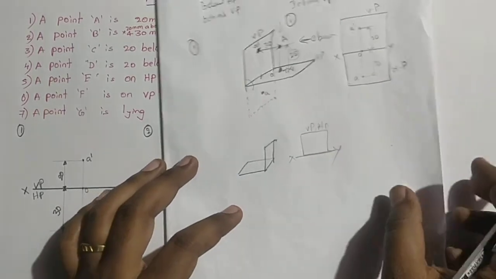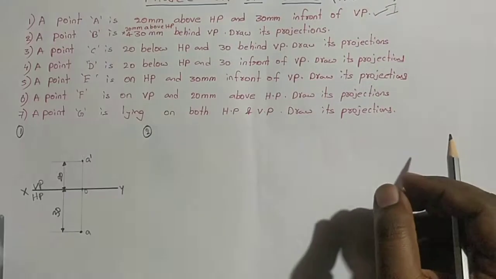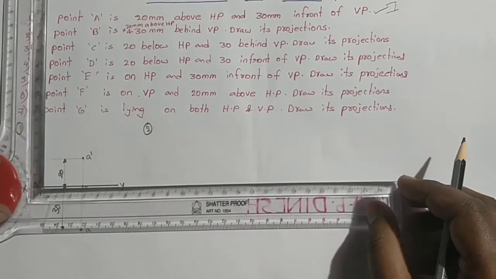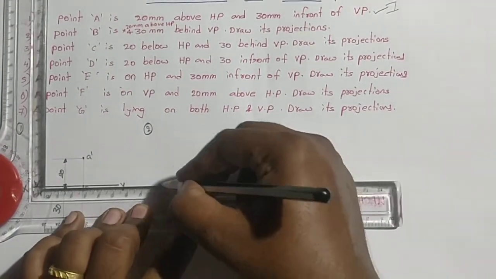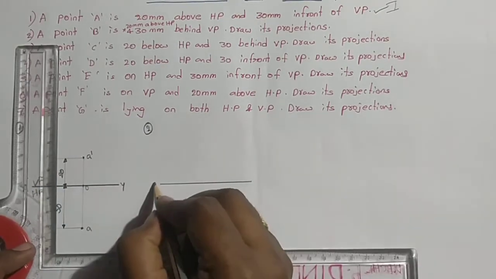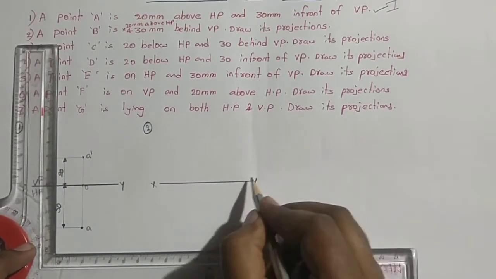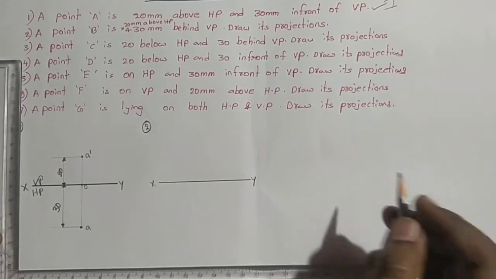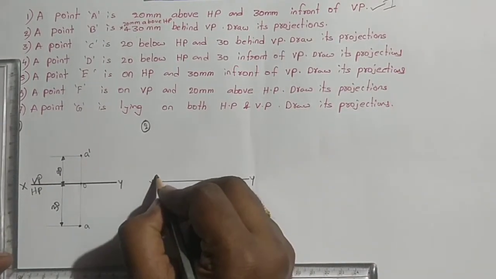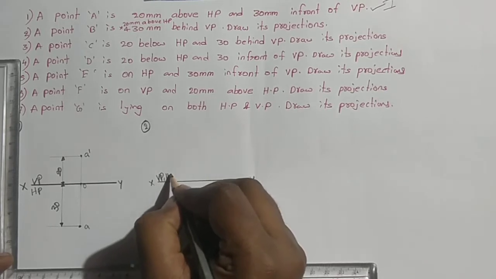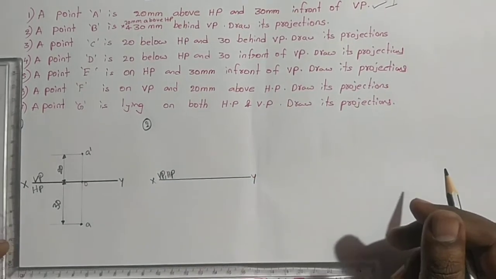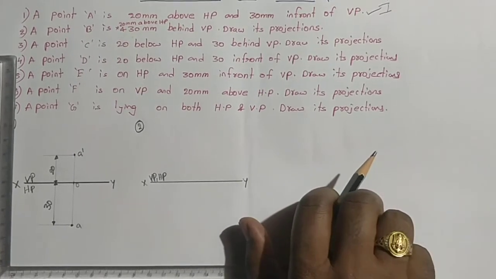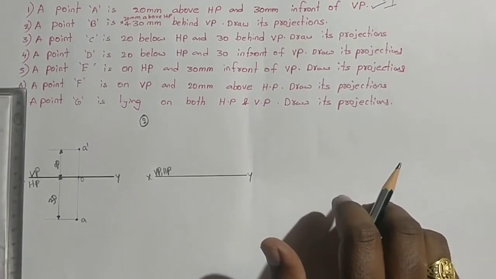From this I am drawing directly for every projection. First we need to draw the XY line with a convenient length. It is a reference line XY. Next we need to give the planes. For the second quadrant, VP and HP are both above the XY, so the front view and top view also come above the HP.